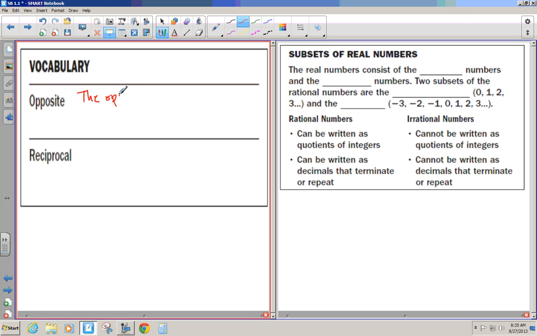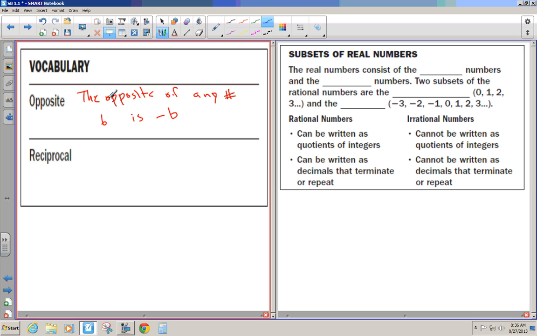So the opposite of any number b is opposite b. So what that means is this.